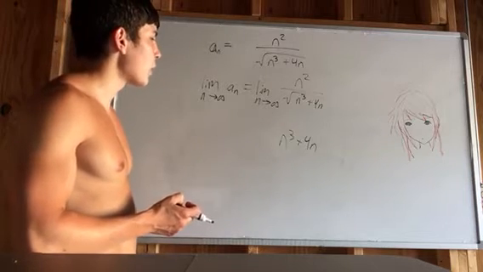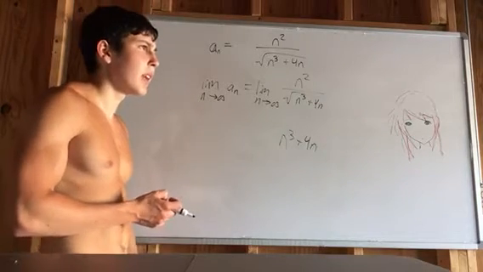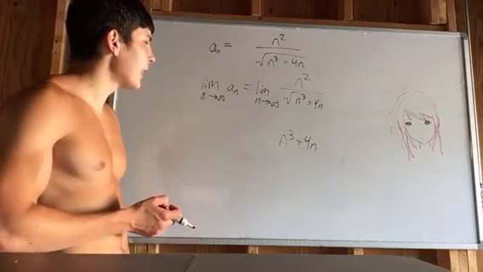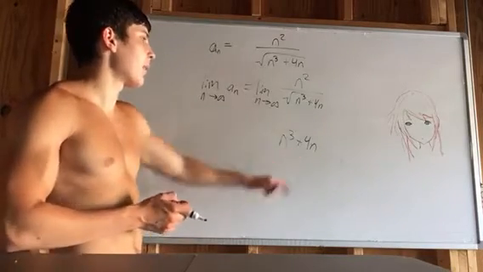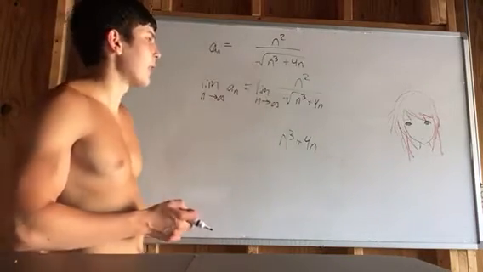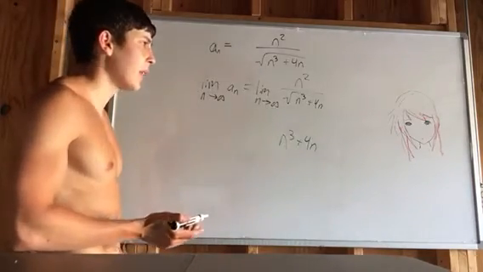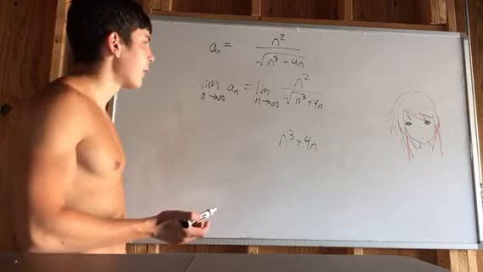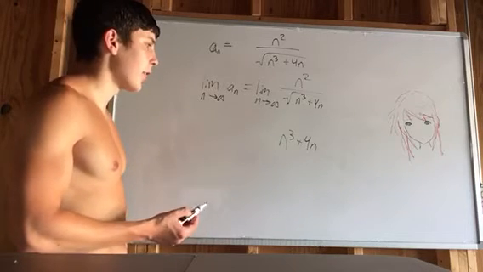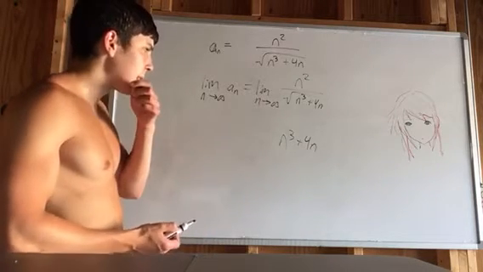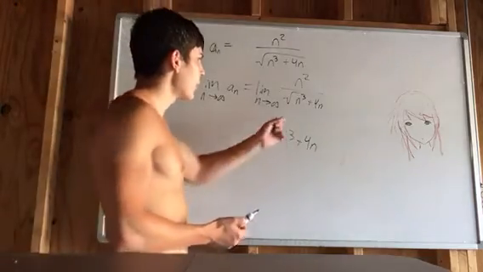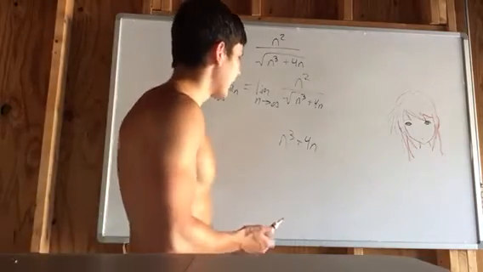Now, what happens when we plug in infinity? If we were to plug in infinity, this would be infinite, and this would be infinite. So it's not really telling us anything. We can't really conclude if this will converge or diverge. So that's a problem, and we need to try to do something with this.